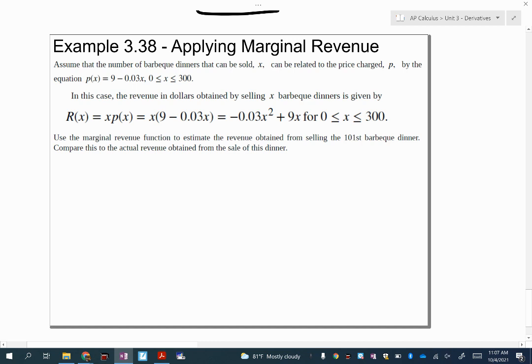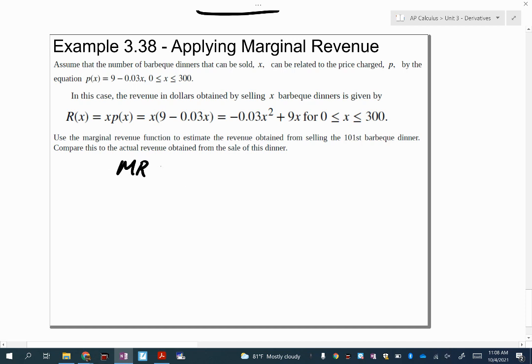So if we want to find the revenue, we multiply the price that we're choosing, which is the function 9 minus 0.03x, times the number of dinners that we actually sell, which is X. So they've given us the revenue function, which is that quadratic. So we're going to find the marginal revenue function to estimate the revenue obtained from selling the first dinner after 100.